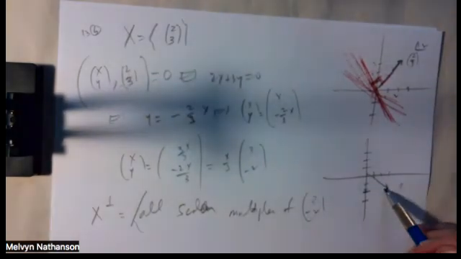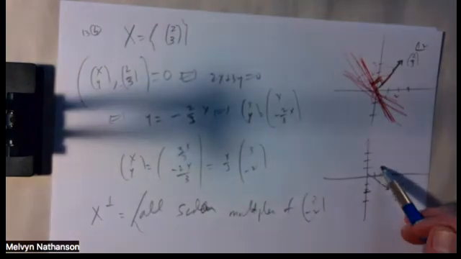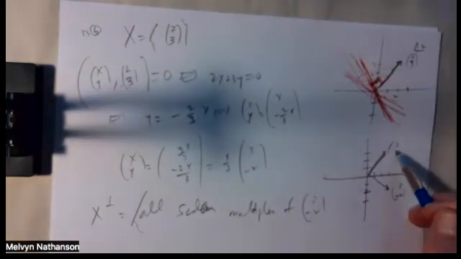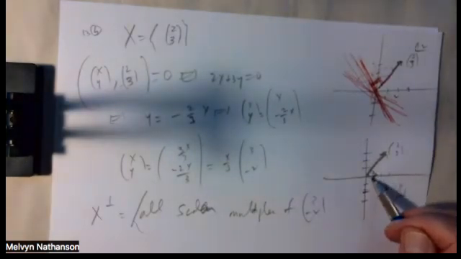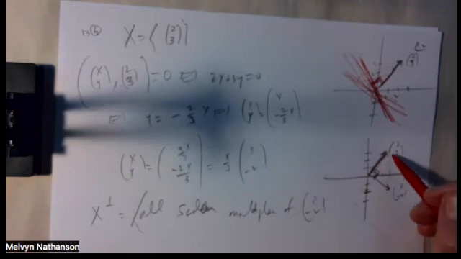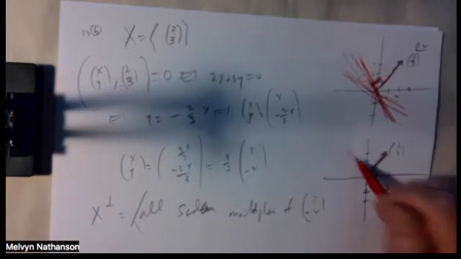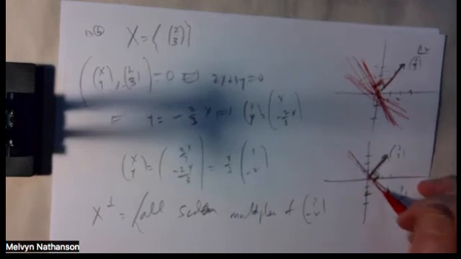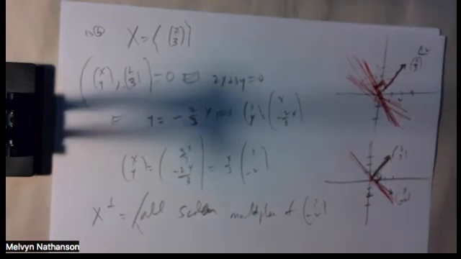Here's 3, minus 2. Here's 2, 3. So here's my vector that I started with, and everything perpendicular to it is on this line.